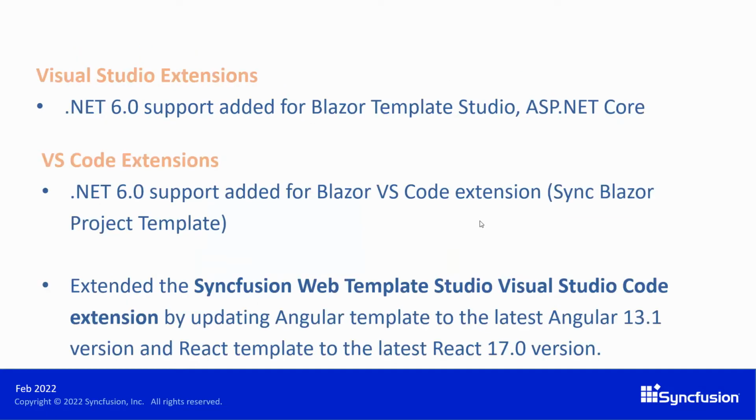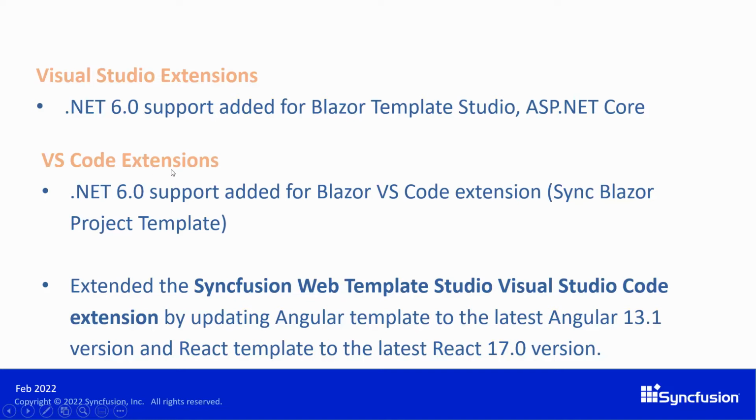And next, some of the common updates like to the Visual Studio extensions, .NET 6.0 support has been added, like for to the Blazor template studio, and also to the ASP.NET Core Visual Studio extensions. This particular .NET 6.0 support has been added.